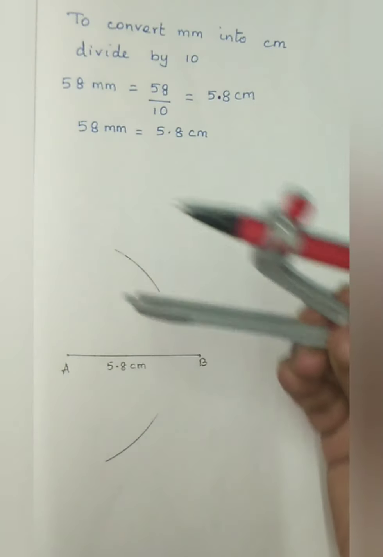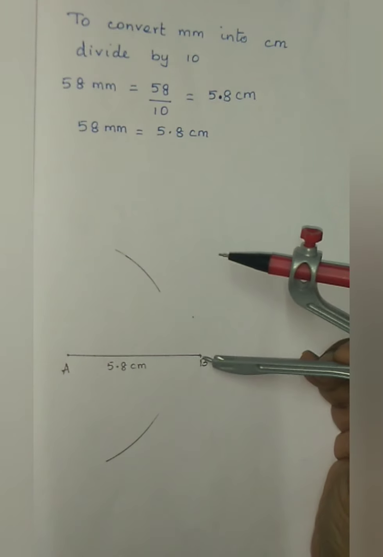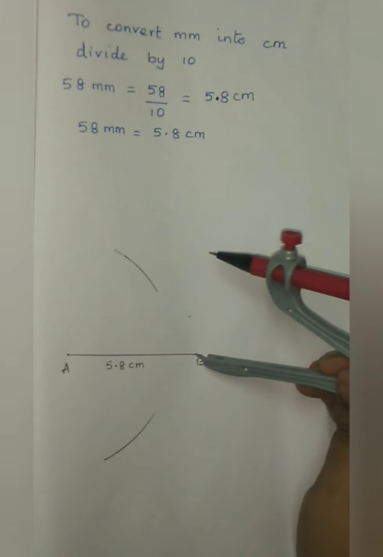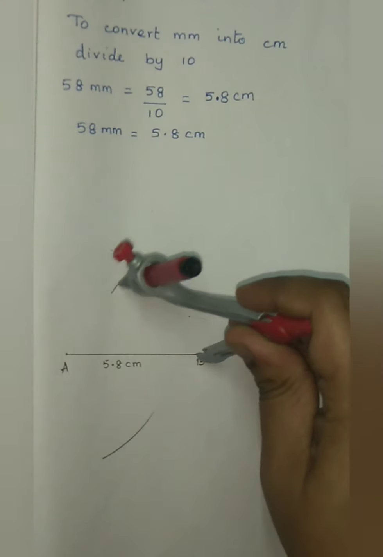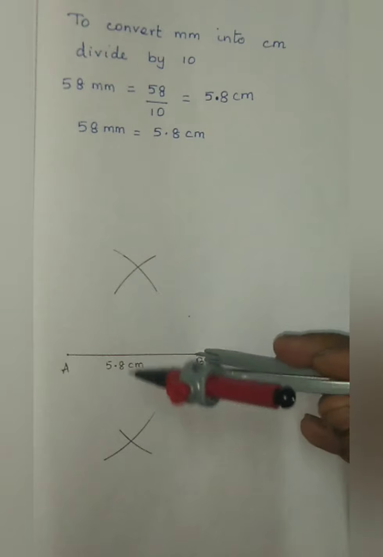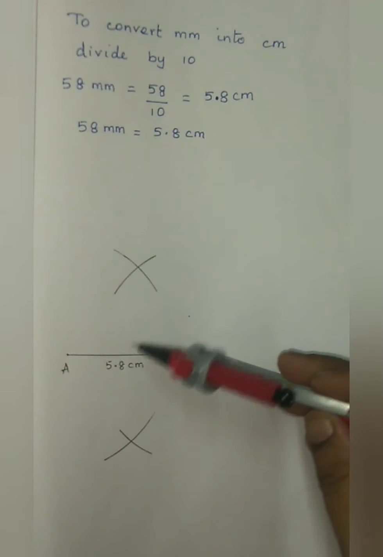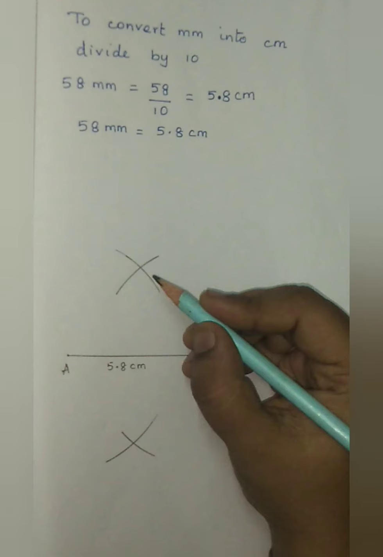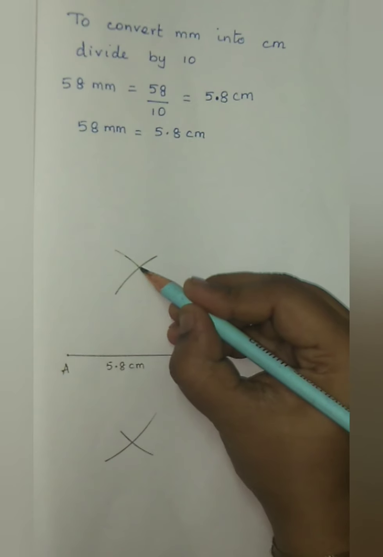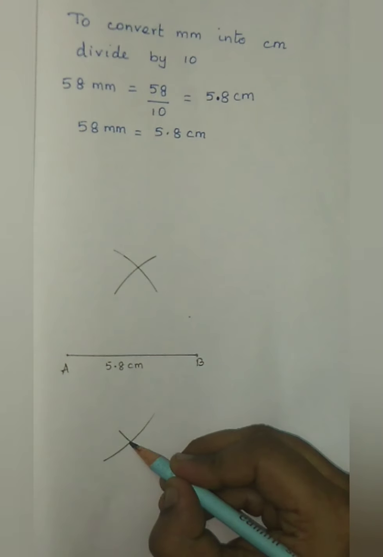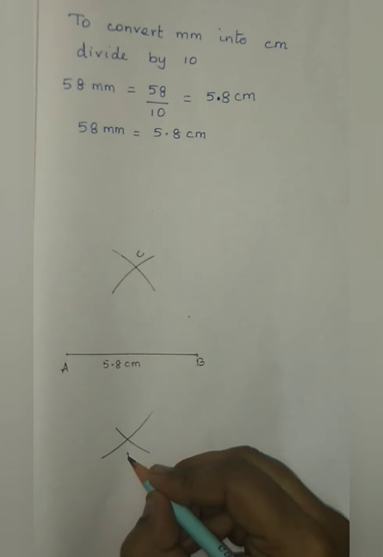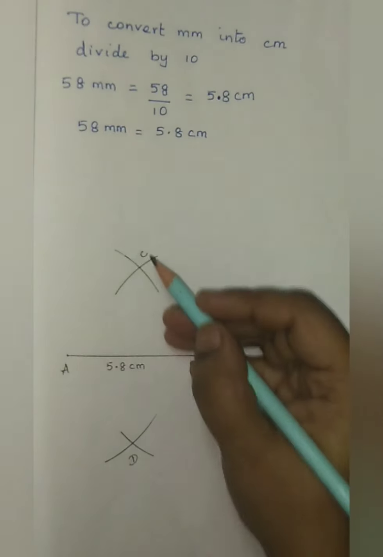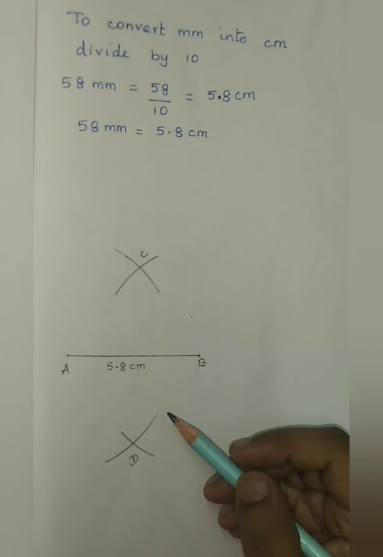Don't change the measurement. With the same measurement and with B as center, draw two more arcs above and below the line segment so that these two arcs intersect the previous arcs. Now name the points of intersection of these two arcs as C and D. Join C and D using a ruler.